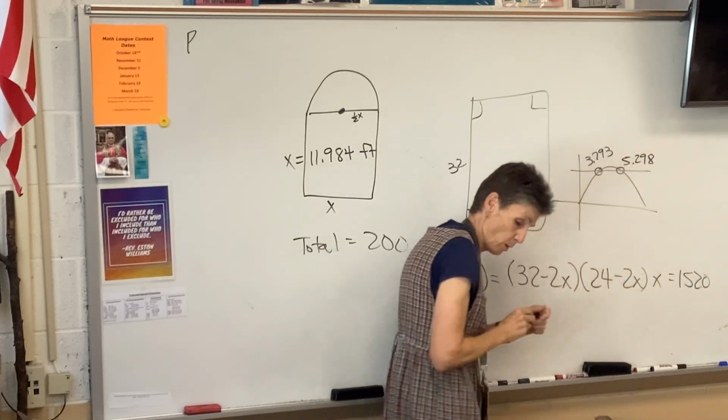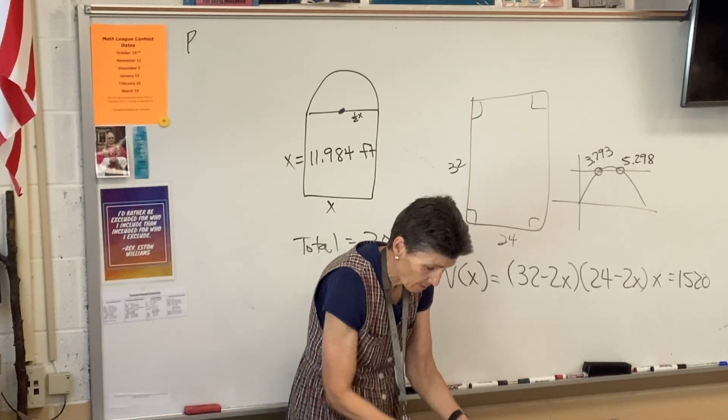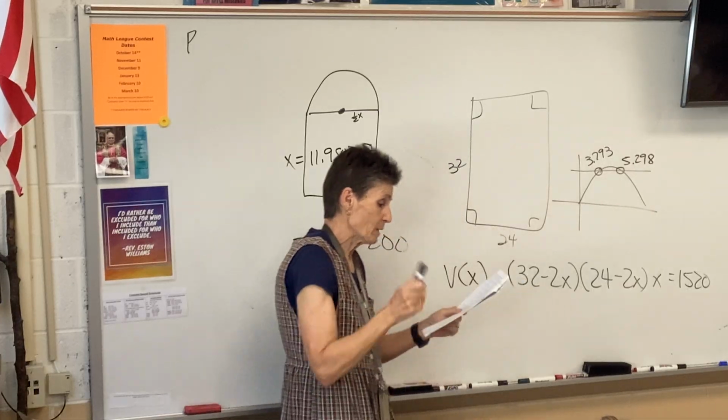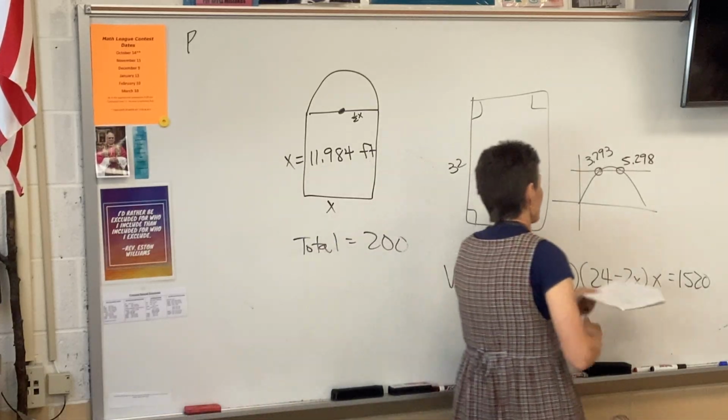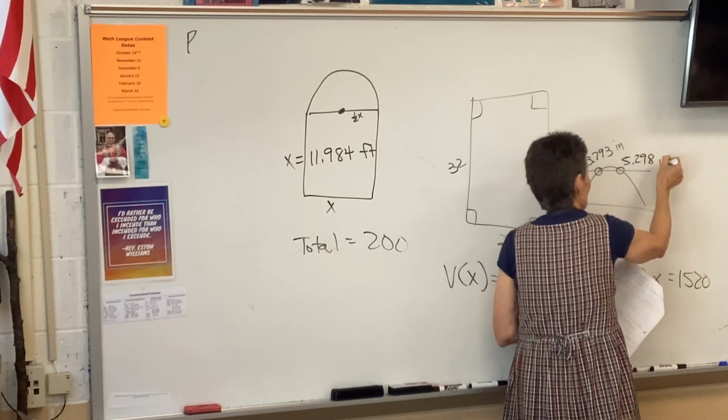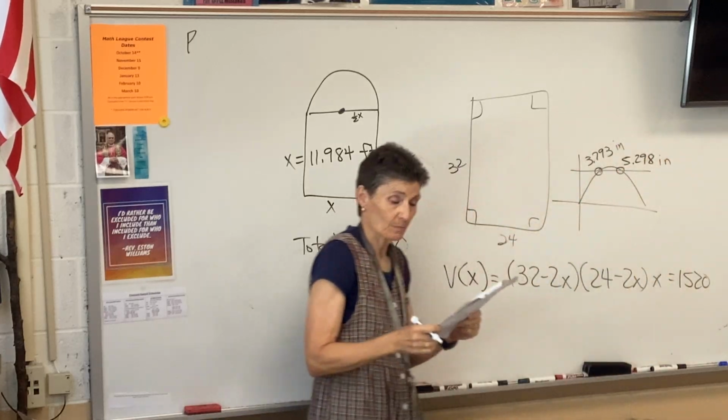So the first question is, what size corners will yield that volume? Well, 3.793 inches and 5.298 inches.